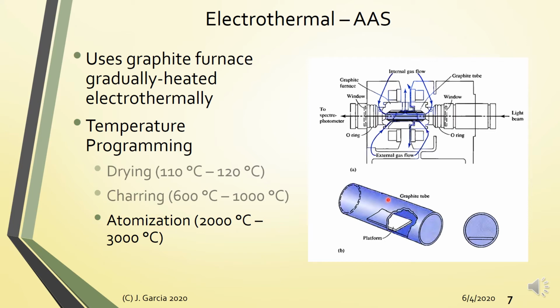The free atoms will reside inside the graphite furnace, and your light will pass through this way. The radiation will now interact with your free atoms. After the atomization step, you now have the cleaning step, the purpose of which is to remove any residual sample present in your graphite furnace, so that after which it will be ready for the next sample.